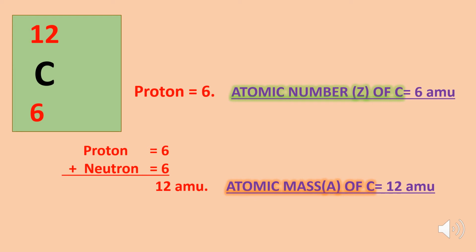So the total number is equal to 12 AMU, which denotes the atomic mass or the mass number of the carbon atom. So here you can see that the capital C denotes the carbon element, whereas right below the carbon there is atomic number 6 and above this symbol C the mass number 12 is given.